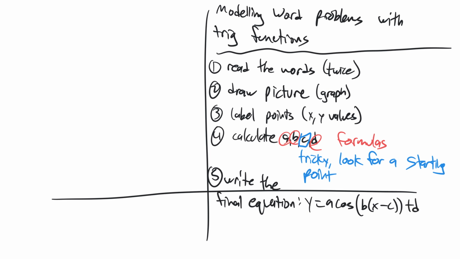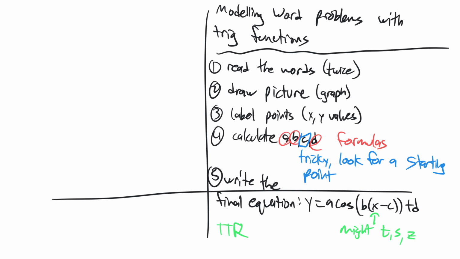Of course, maybe one thing to remember down here is that the letter x might be a different variable. It might be t, it might be maybe s for seconds. It could be maybe z.